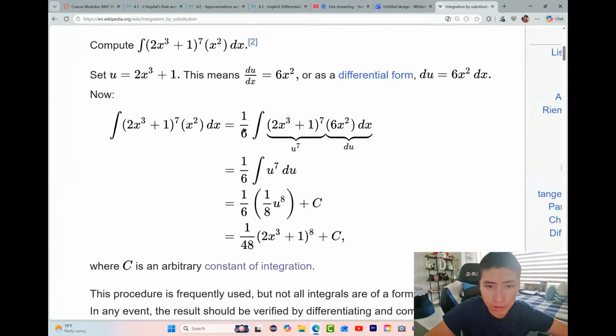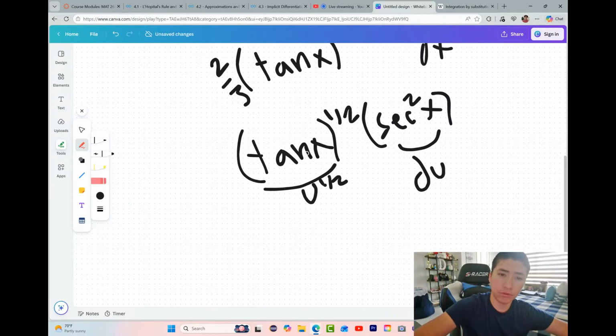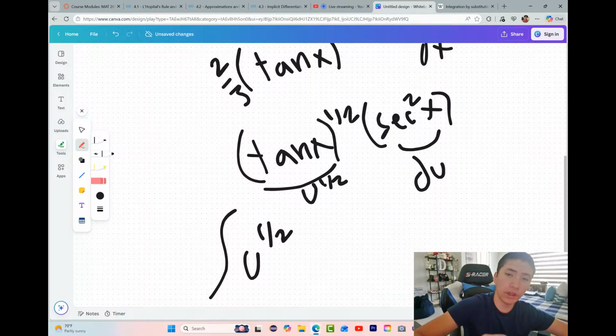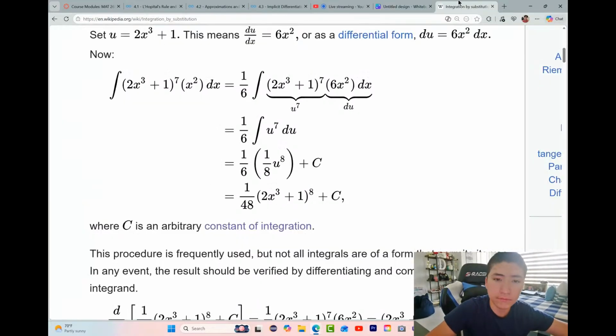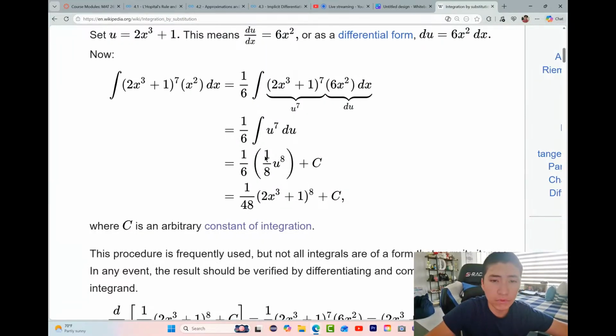Okay, it's fine, I'll just continue. So then I guess we do the integral of u to the 1/2 du. Then we get this 1 over. Oh, wait, are we applying the antiderivative then?